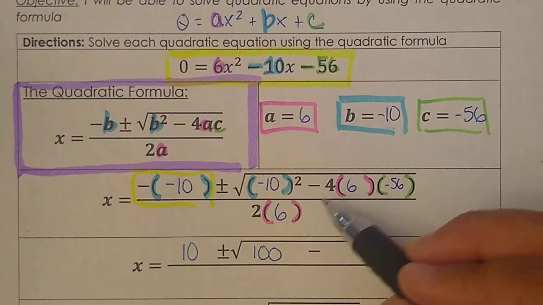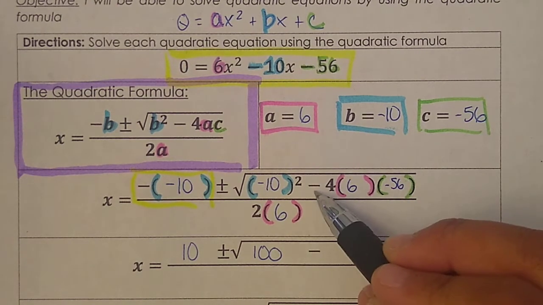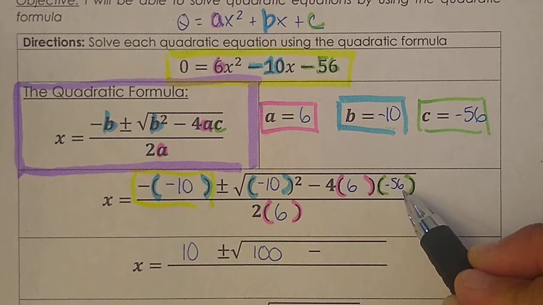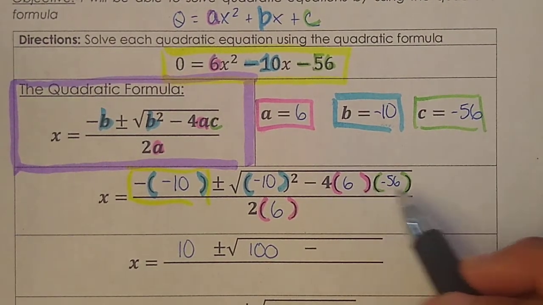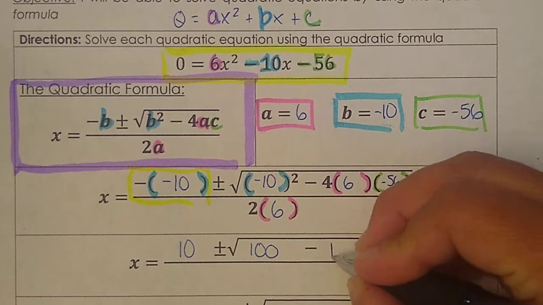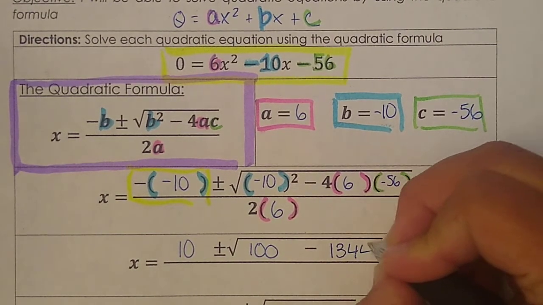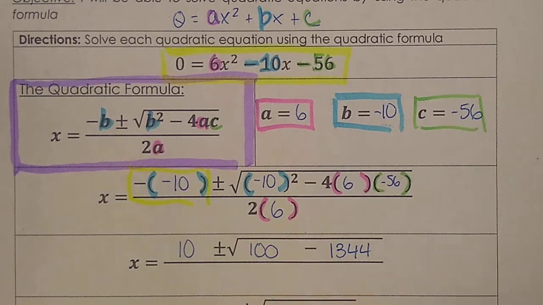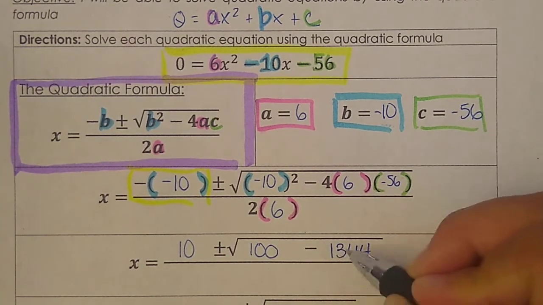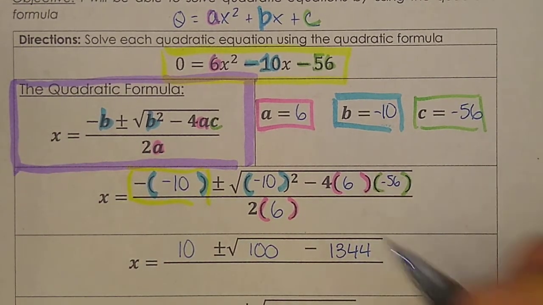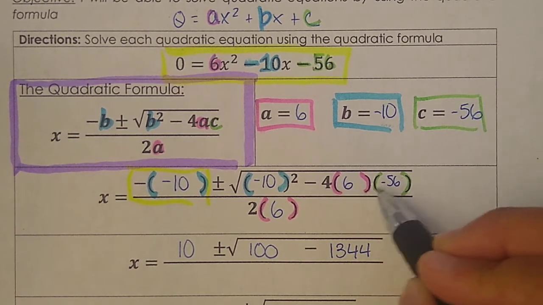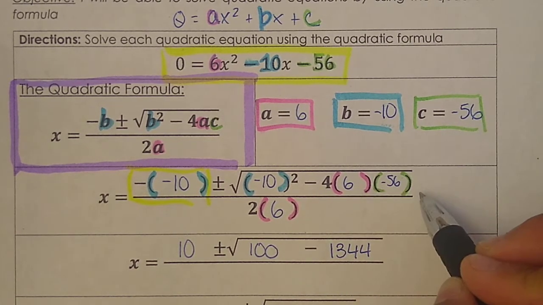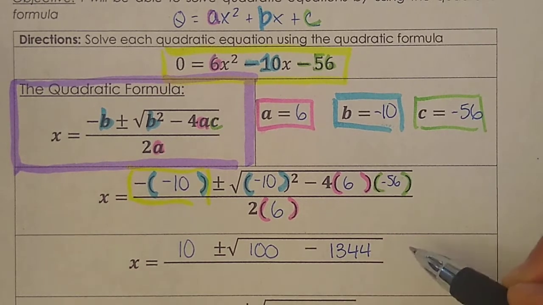And now, this is where I got to be careful. I have a -4 times a +6 times a -56. So here's the trick that I tell people here. Throw it into the calculator, 4 times 6 times 56, that's going to be 1,344. But I'm technically subtracting -1,344 if I maintain that negative, because 4 times 6, that's +24. 24 times -56 would be -1,344.